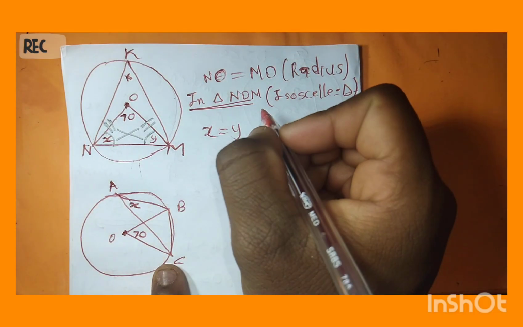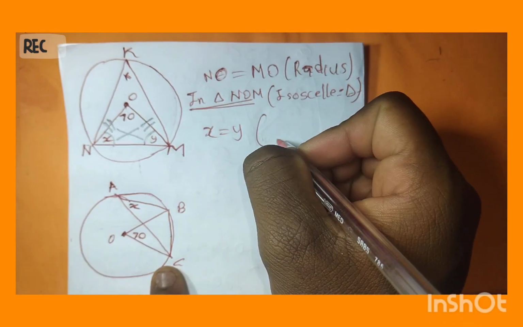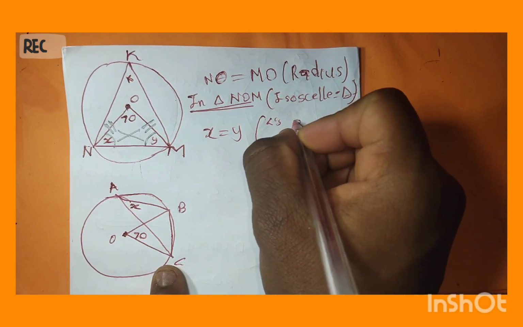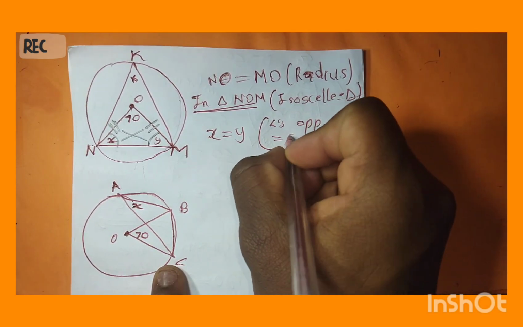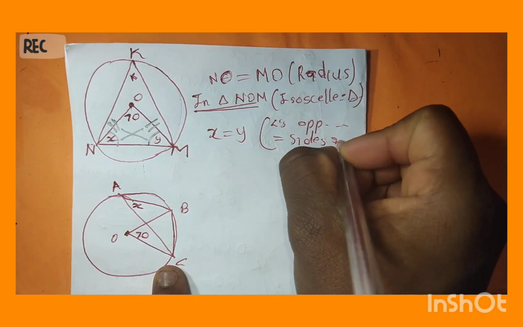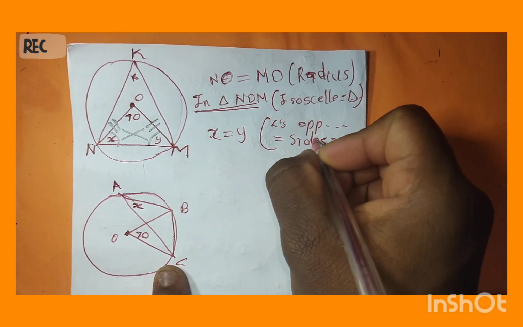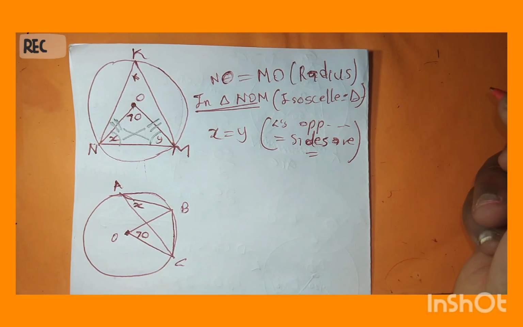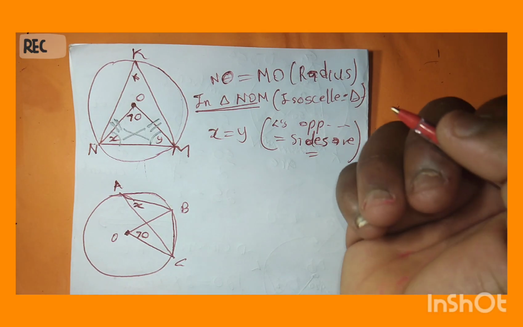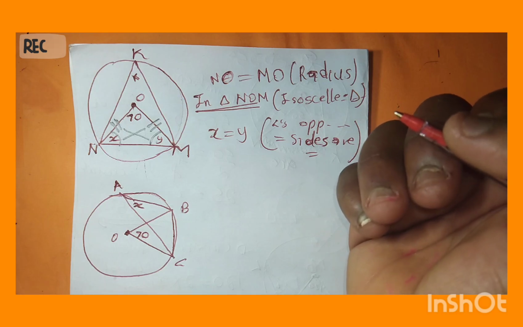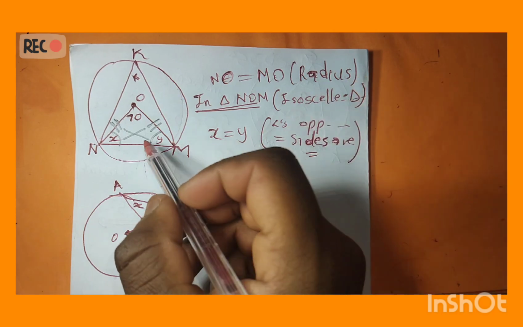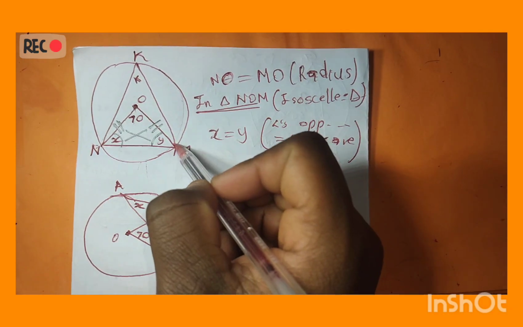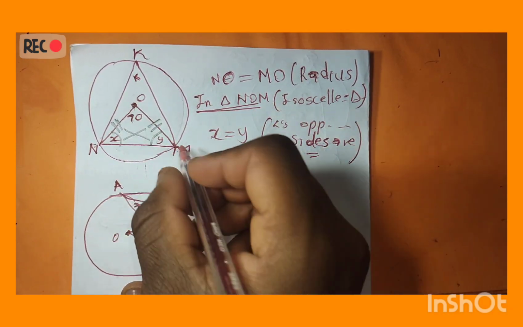Do you see? So the reason x equals y is because angles opposite equal sides are equal. Just know that angles opposite equal sides are equal. By doing that you are making things much easier, because now in triangle NOM, I can add everything together.